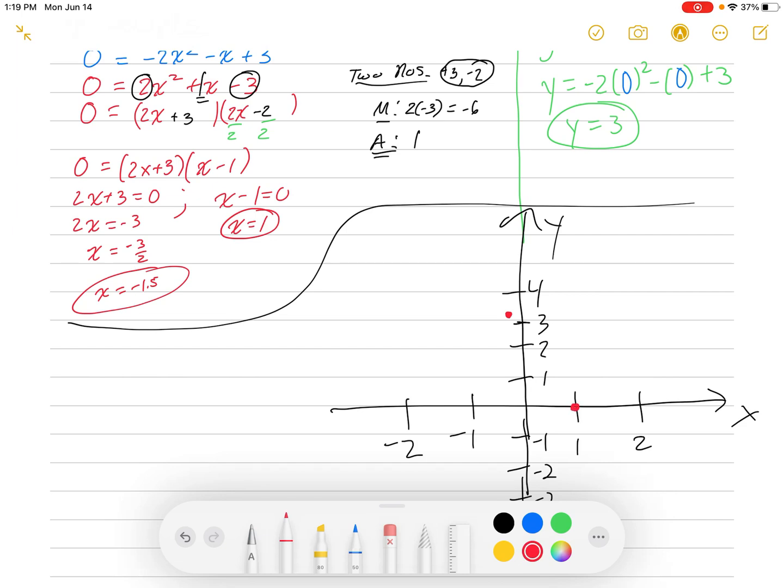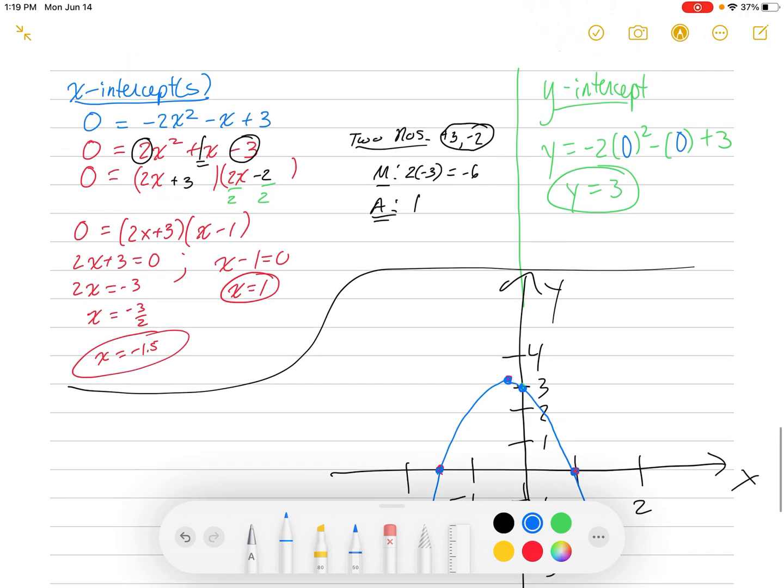Now let's use the x-intercepts. So we're going to have a positive 1 right here on the x-axis. And we're going to have negative 1.5 over here on the x-axis. Okay? And what else do we have? We're going to have a y-intercept right here of 3. So putting all this together, our graph is going to do something like that.